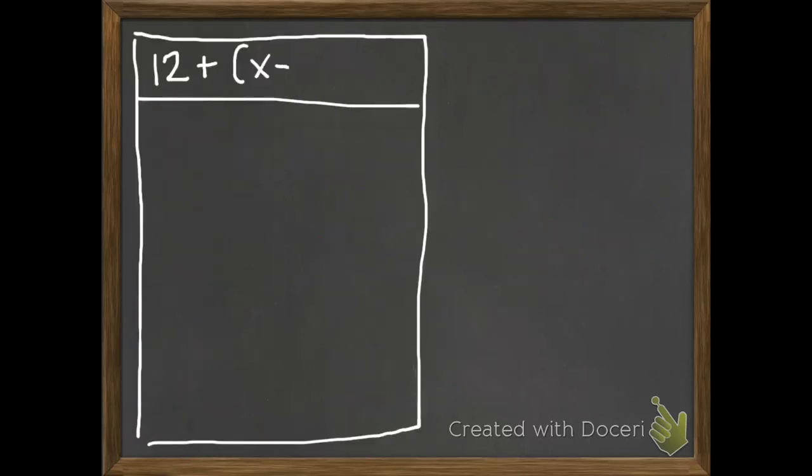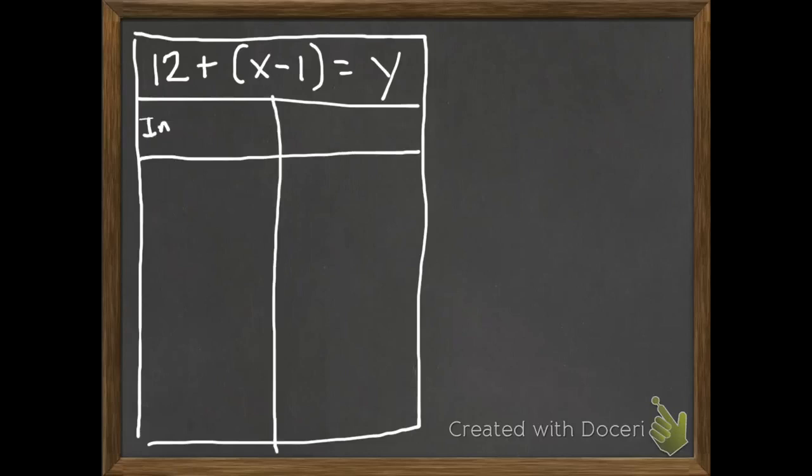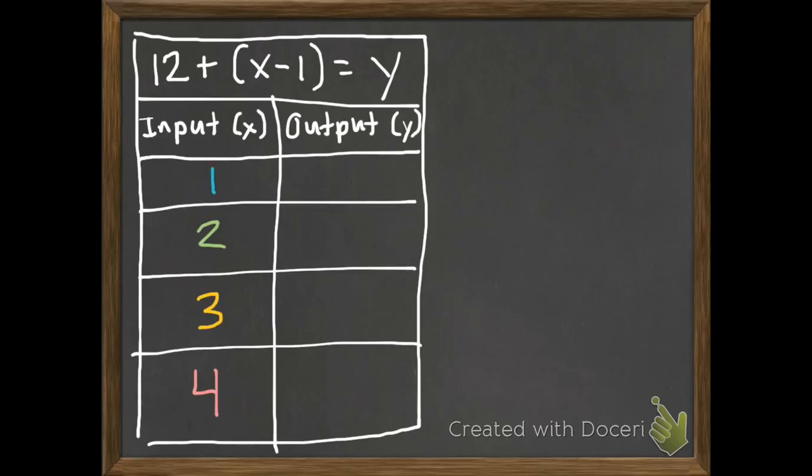Okay, next question for you to do along with me. We have 12 plus x minus 1 equals y. So we have our input of x, our output of y, and we're going to go with 1, 2, 3, and 4 again as our inputs.